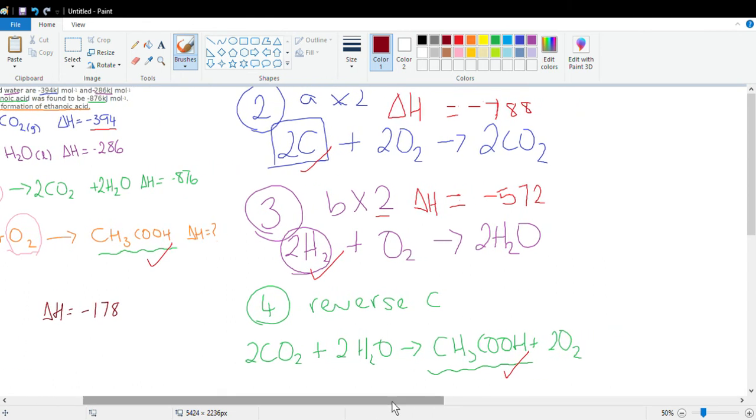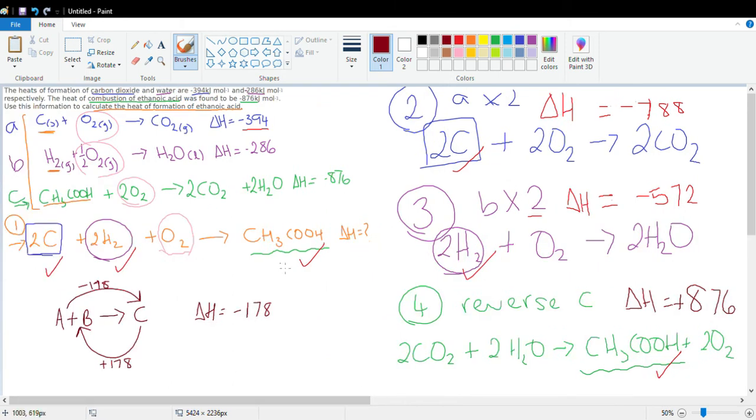For C, I reversed my equation, so I also reverse my delta H value. So instead of minus 876, it's going to be plus 876. So that's all of my information now all put together.